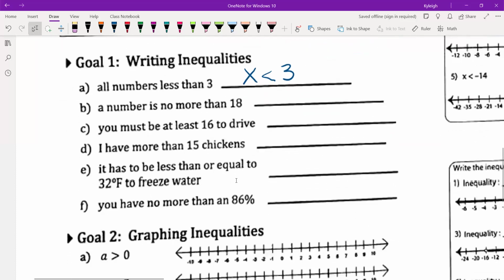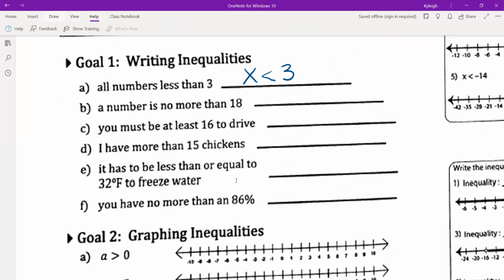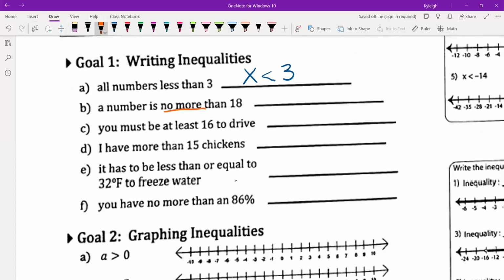If we're saying no more than, it means it can't go over that number. So it can't be greater than, because it's no more than 18. So because of that, this really means less than. So X is less than 18.